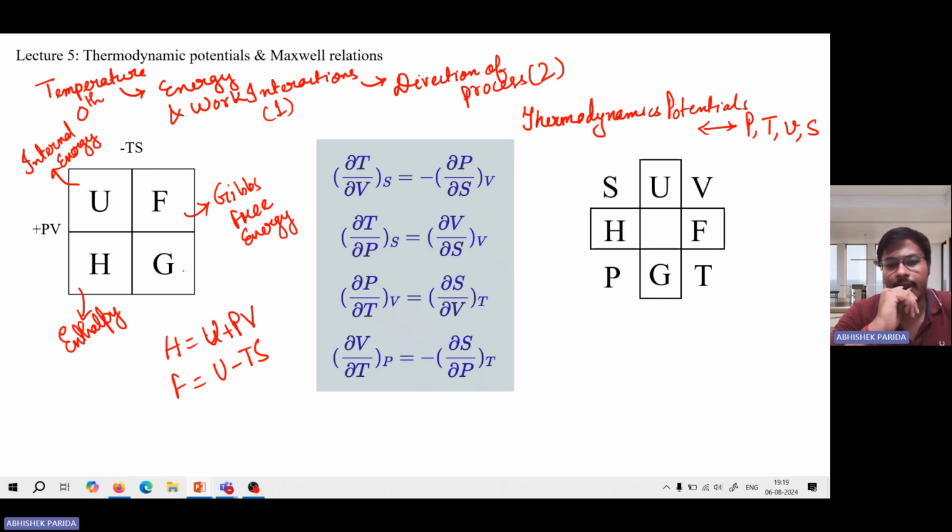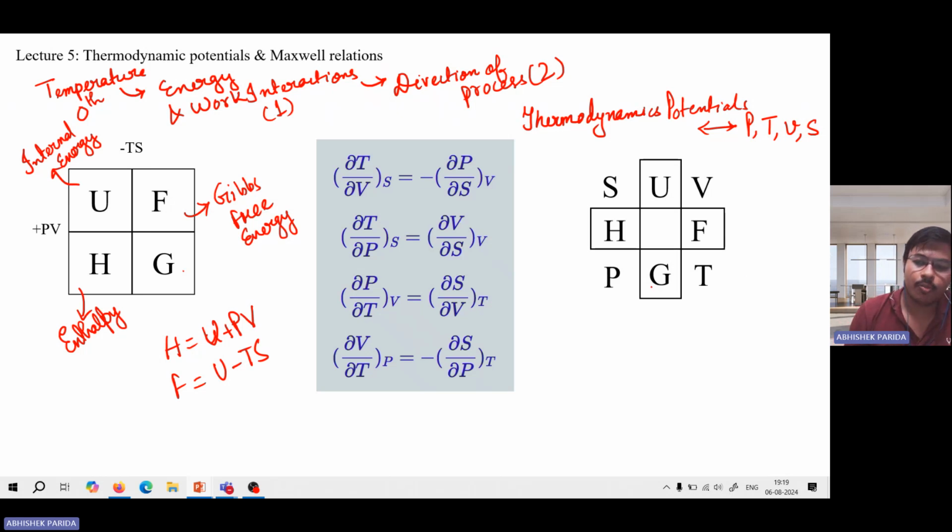These are the four relations that were derived in the Maxwell relations. To easily remember these four relations, we can take help of this square, and this has been very beautifully covered by the instructor in the lectures.